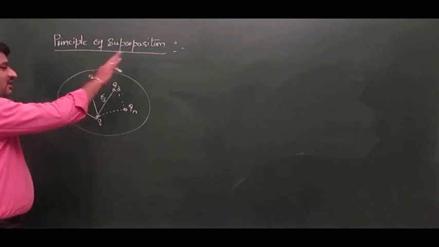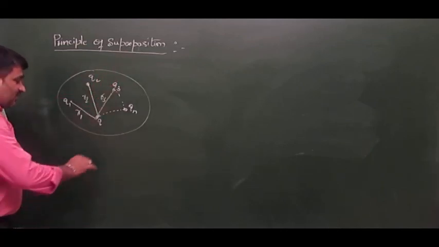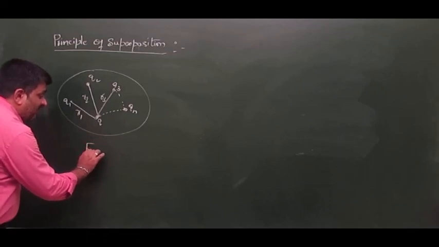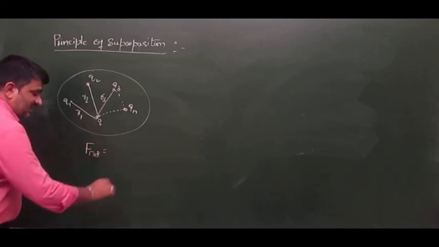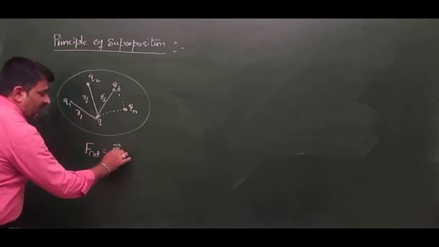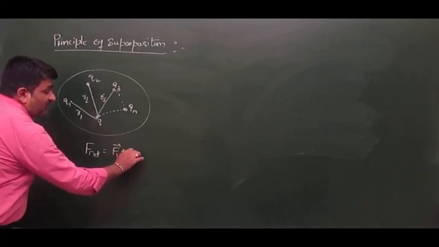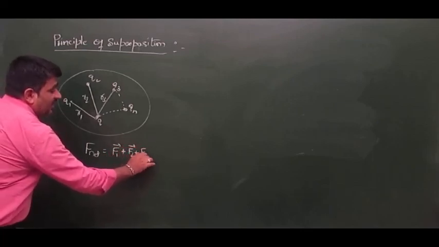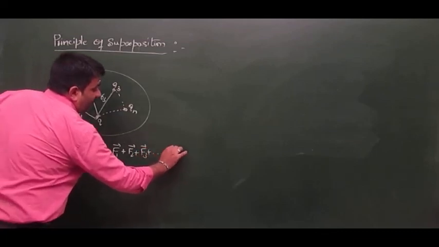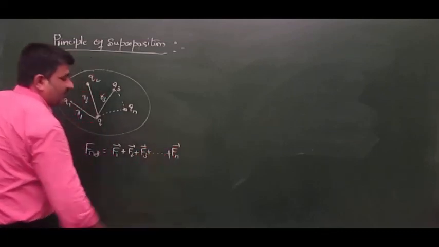It is independent of the neighbor of the charges. Then what is the net force? The net force can be written as F equals vector F1 plus F2 plus F3 and so on Fn.